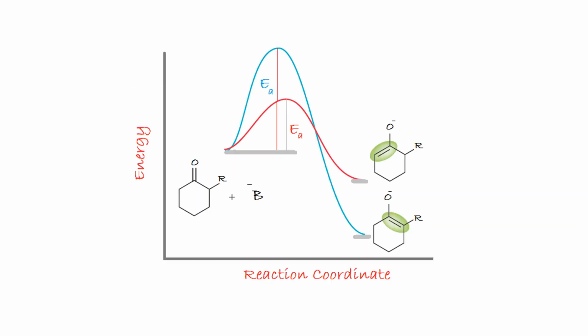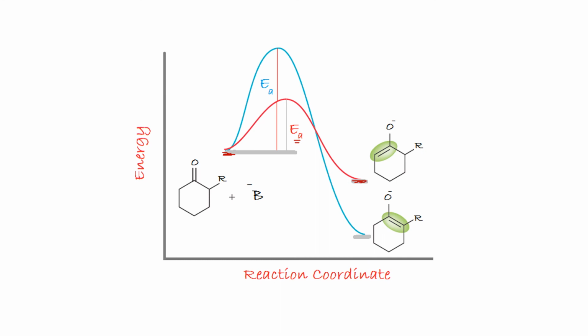To illustrate the concept using a diagram, here we have a starting material at very low temperature, like minus 78 degrees Celsius, using LDA as a base. The activation energy is small, but the enolate energy is high. So we can reach this kinetically.